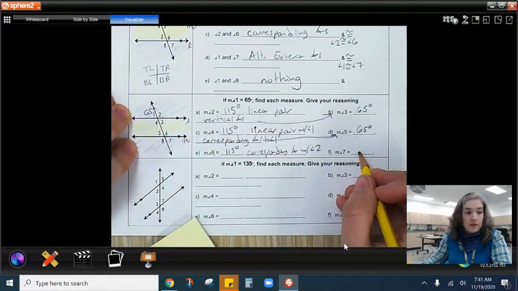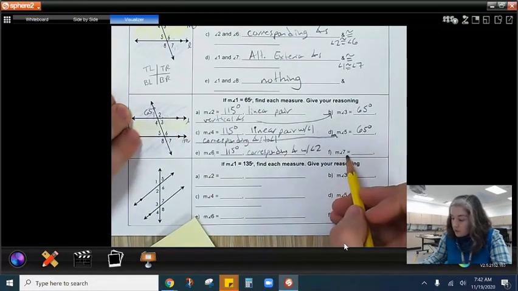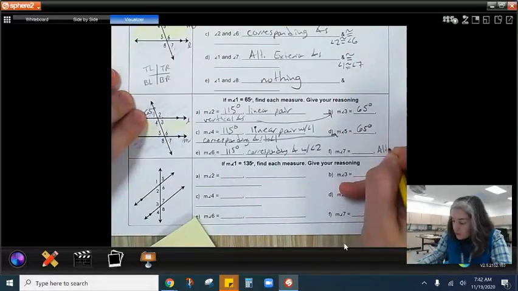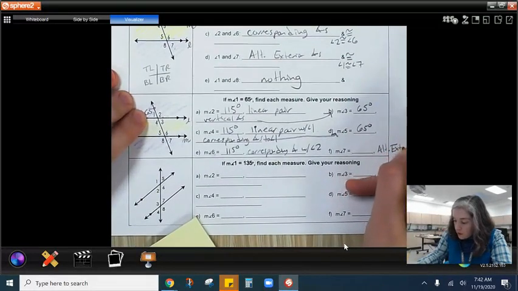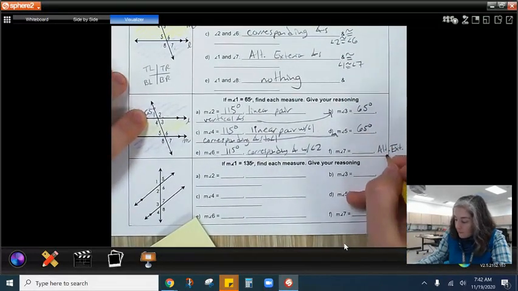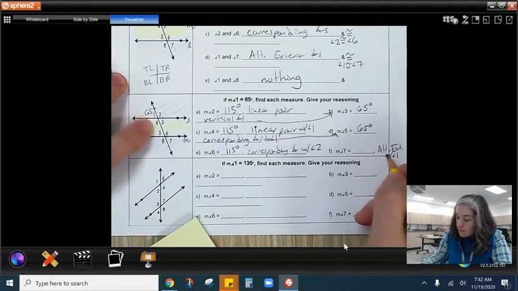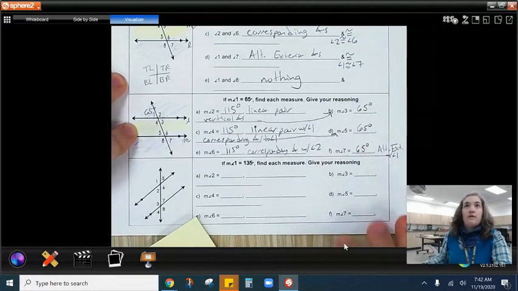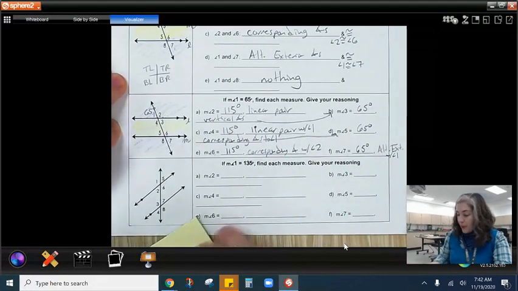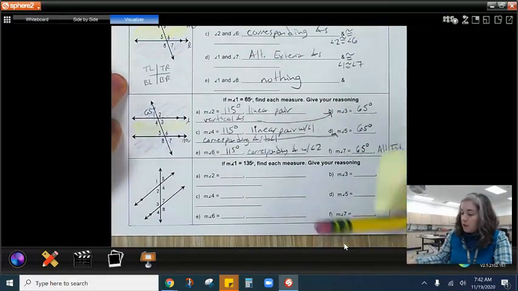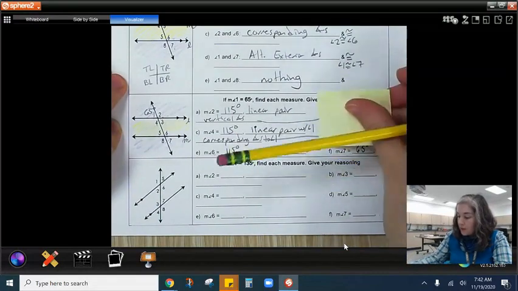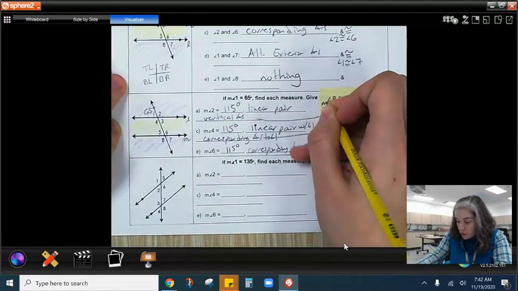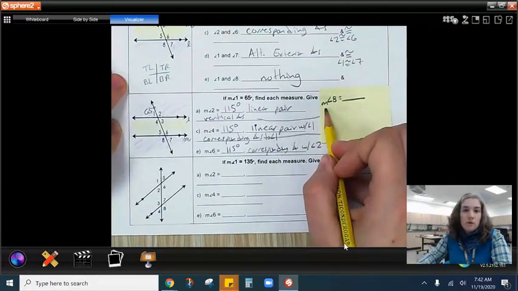And then we would need angle 7. So angle 7 here is alternate exterior to angle 1. So that means the angle is congruent, so it's also 65 degrees. And then I don't know what happened to my angle 8, so I'm just going to add it on there. The measure of angle 8. Remember, that's what the M in front just means: measure.